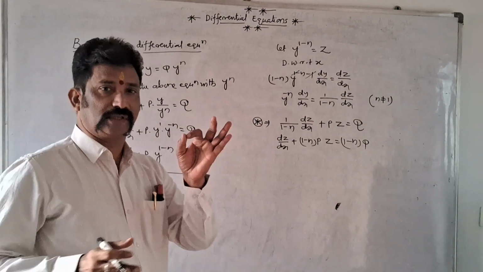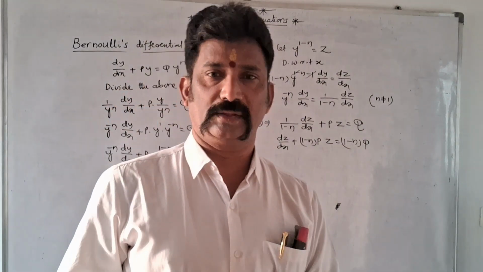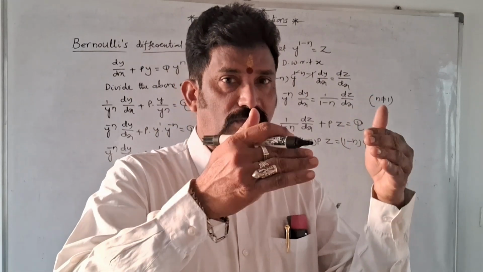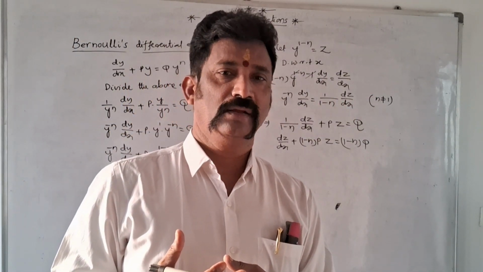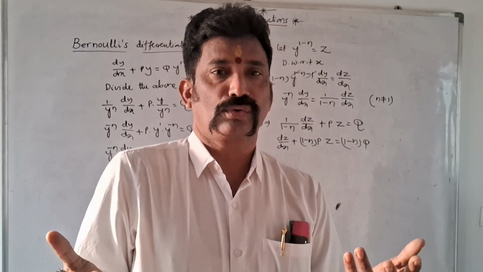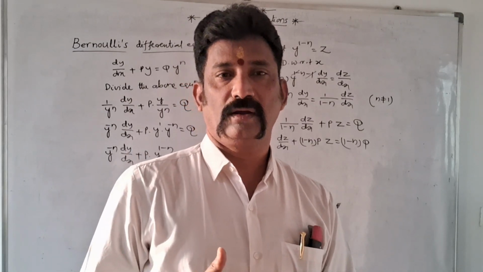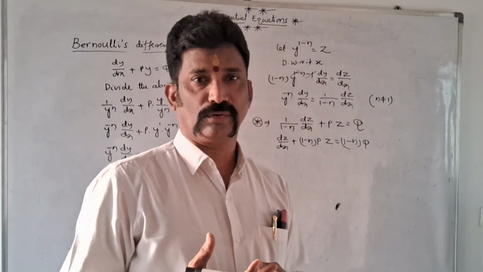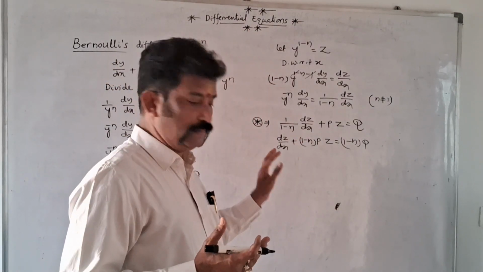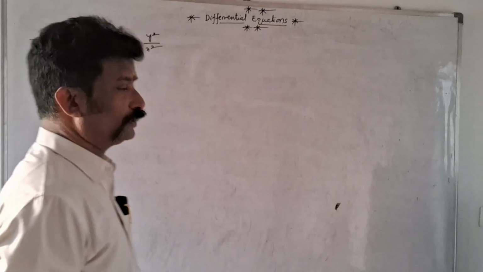This value is equal to say z or u or v, whatever. Convert that Bernoulli equation into a linear differential equation. Then everybody knows how to solve that type of linear differential equation in z or y or x. Okay, this is the process. Okay, guys, look at the board.